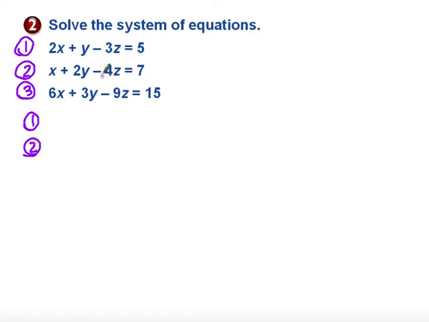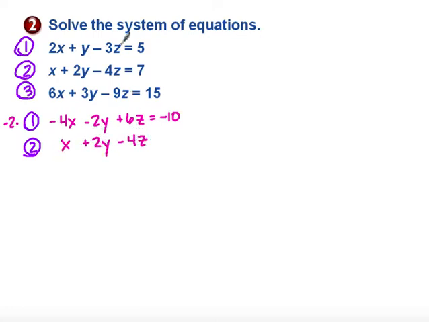So if my goal is to get rid of y's with equations 1 and 2, I'm going to have to multiply equation 1 by -2. That's going to give me -4x minus 2y plus 6z is equal to -10. And I'm going to leave equation 2 exactly the same.